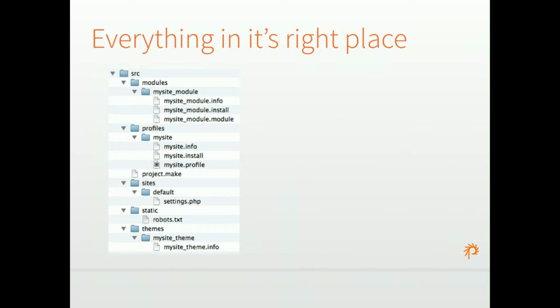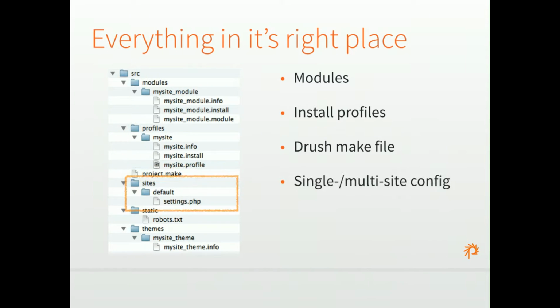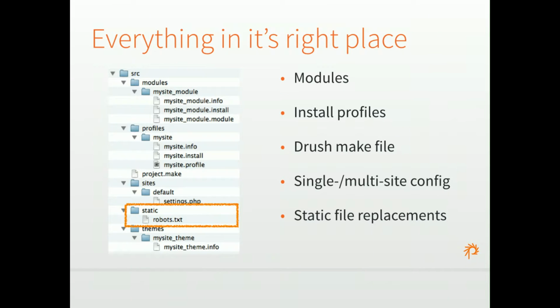So we're going to zoom in a little bit on what the source directory is. The idea, again, is just providing spaces for all the different components you might have in building a Drupal website. You've got your modules directory where custom modules can live, a profiles directory for install profiles, your Drush makefile, a sites directory which can accommodate a single or multi-site configuration, and a static directory where you could put static file replacements.